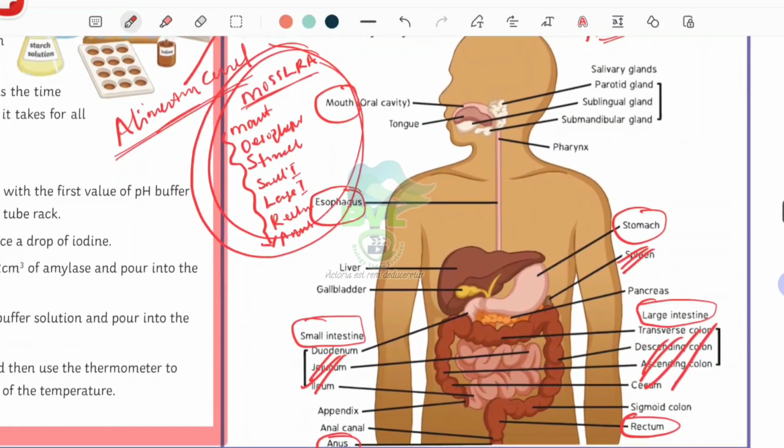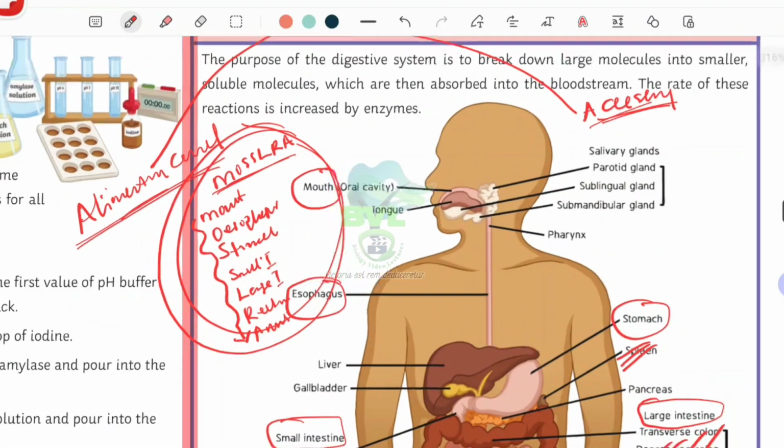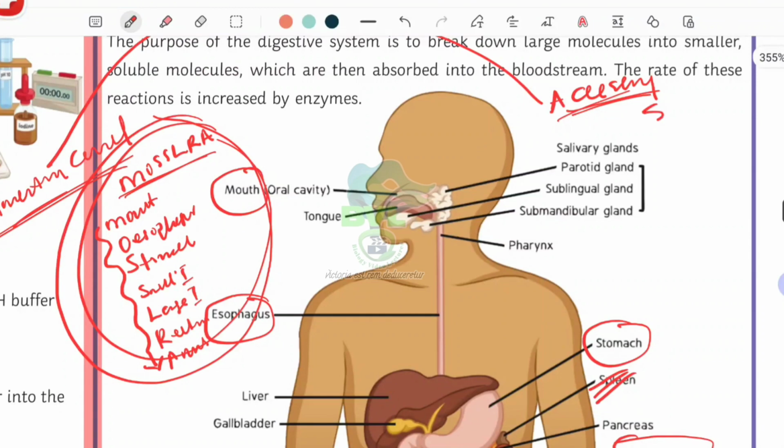Now, I haven't established that, on the other hand, the accessory organs, as far as this curriculum is concerned, or your specialty is concerned, are the salivary gland, the pancreas, the gallbladder, and the liver.